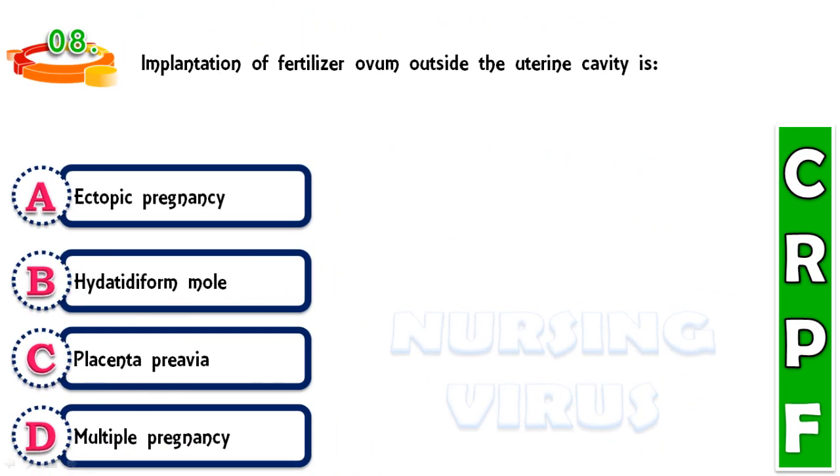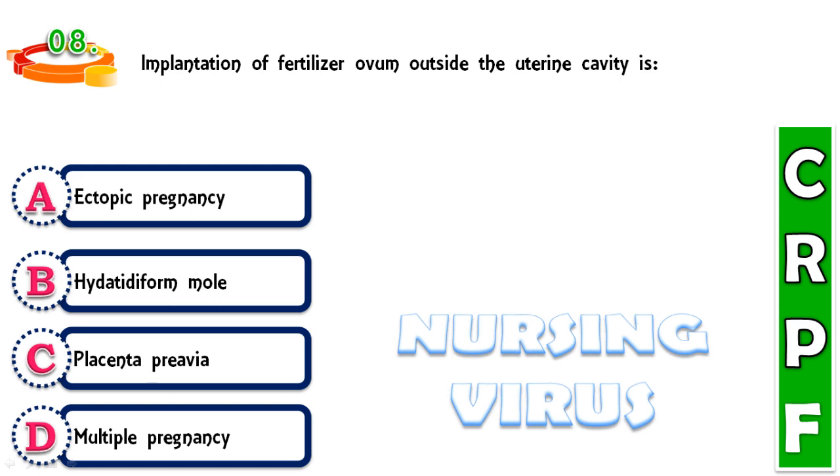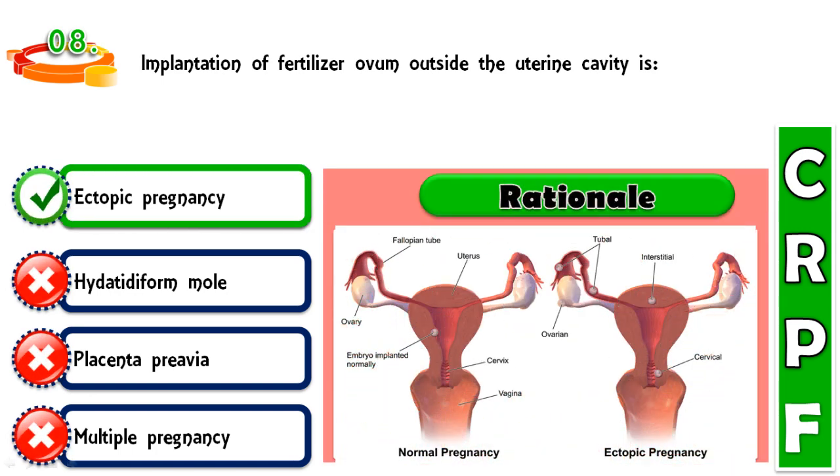Question 8. Implantation of fertilized ovum outside the uterine cavity is ectopic pregnancy, hydatidiform mole, placenta previa, multiple pregnancy. So the correct answer is ectopic pregnancy. In the picture you can see the normal pregnancy happening inside the uterus, in the wall of the uterus.